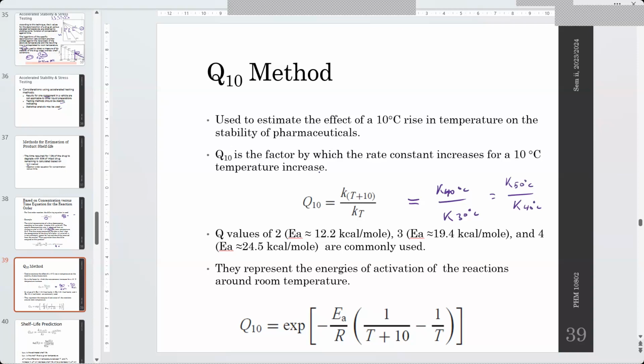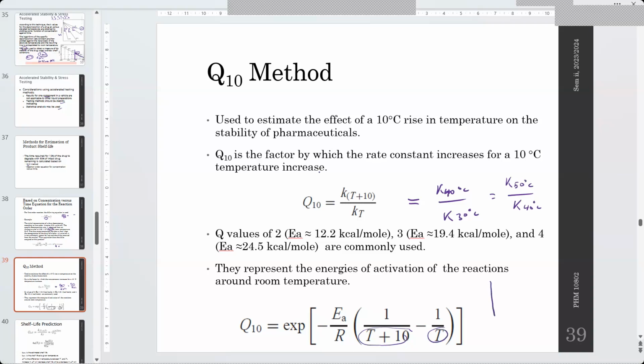Okay? There is an equation for Q10. It is the exponent of activation energy divided by the gas constant multiplied by the inverse of the lower temperature minus the inverse of the higher temperature. Where did we get this from?